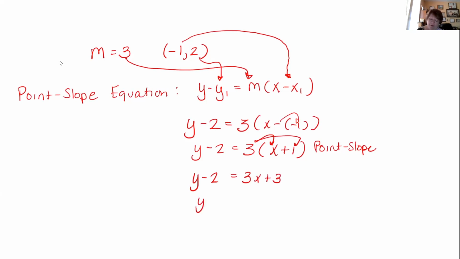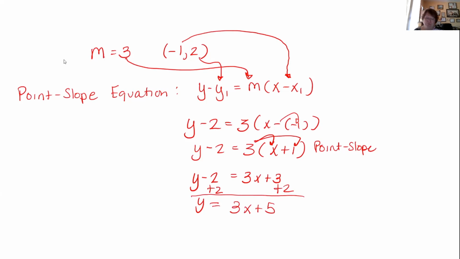Then I'm going to add the 2 to both sides. So there is a line whose slope is 3. So it has a slope parallel to the line we were given, but goes through the point -1, 2.